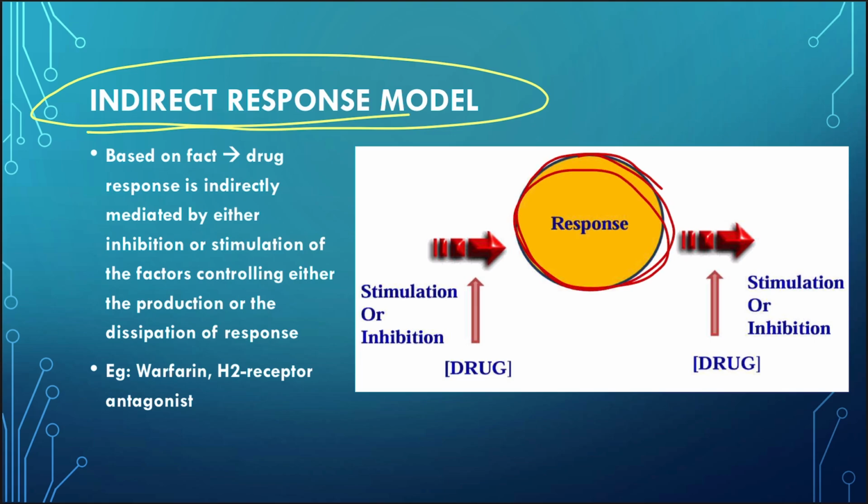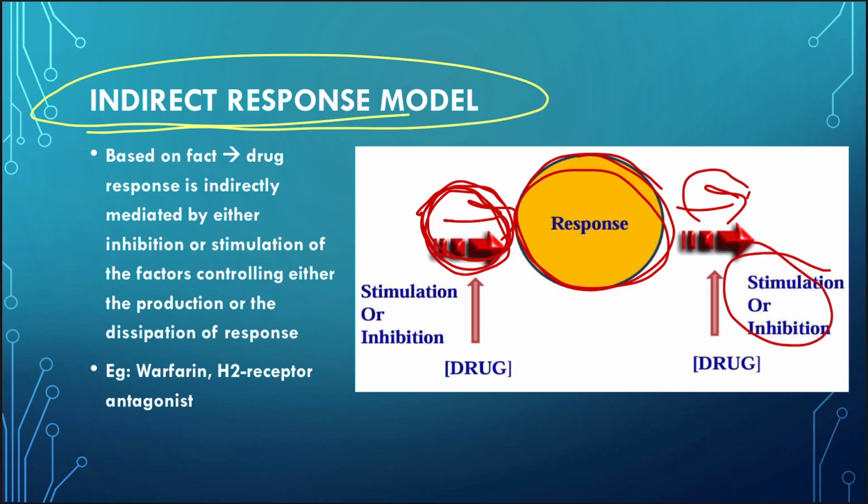It is produced by some processes, and some other processes are abolishing this response. Some drugs act by either stimulating or inhibiting the production process, while other drugs either stimulate or inhibit the processes which are abolishing the response.